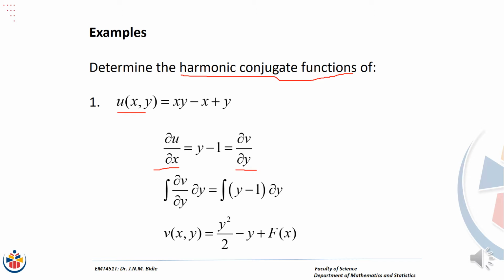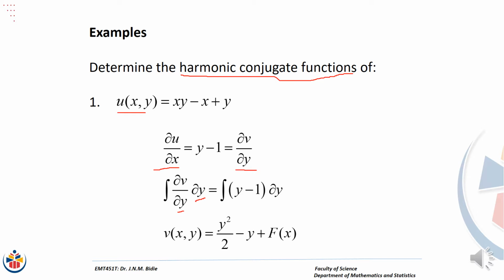Note that we've got dv over dy here. In order for us to find the original function, we have to integrate with respect to y in this case. So because we already have dv over dy, we integrate with respect to y in order for us to get the original function v. Remember, the derivative and the integral are antiderivatives of each other.